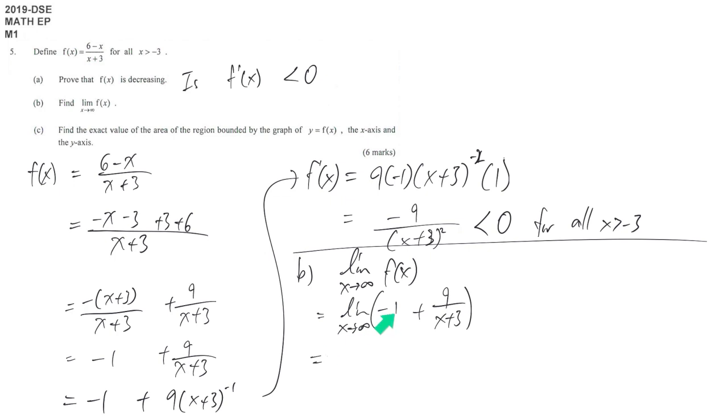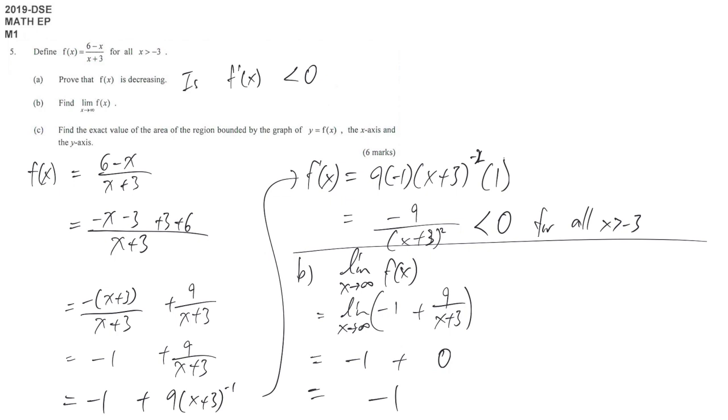No matter what x is, this is just simply negative 1. And 9 divided by a really large number becomes 0. You had better show the examiner you know this part becomes 0. So the limit is negative 1.